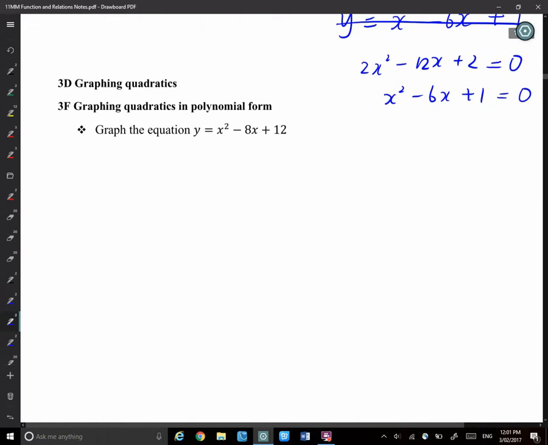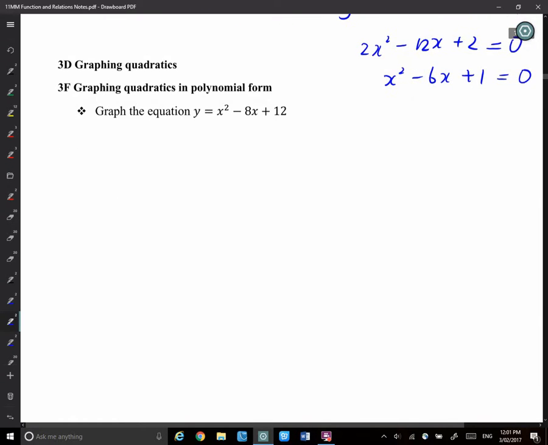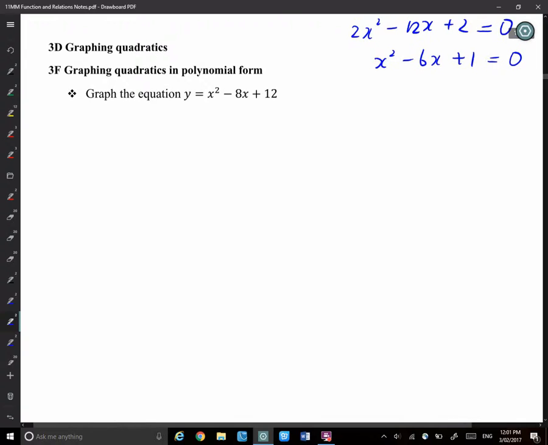Graphing the quadratics. I want you to graph it by this form. You can either complete the square, or you can factorize. If you can factorize, factorize it.